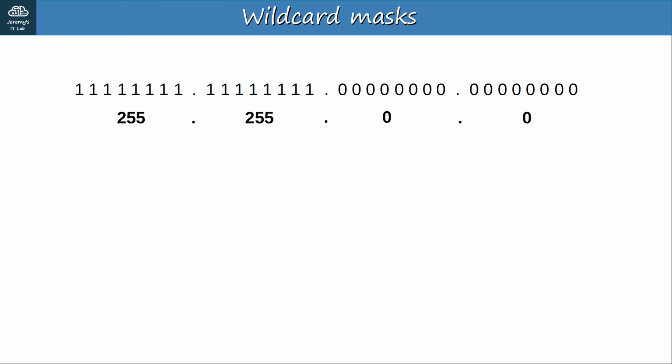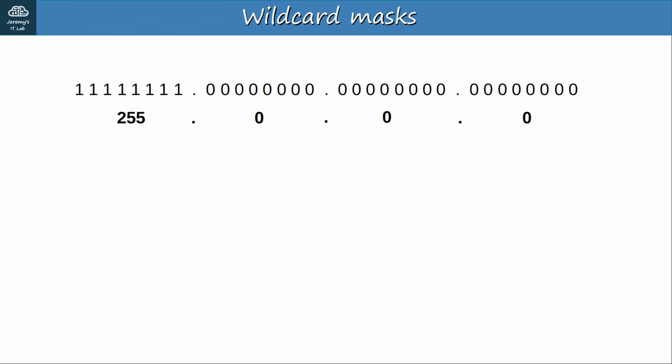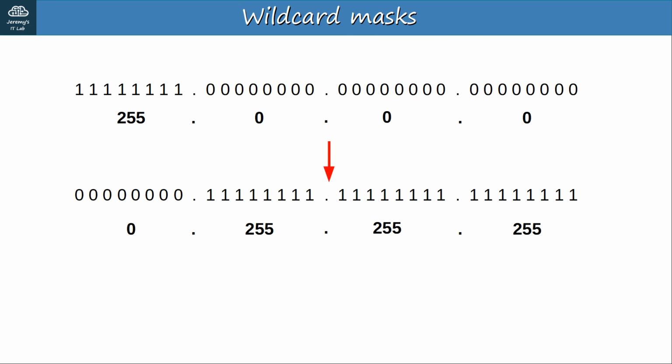Here's another example. 255.255.0.0 becomes 0.0.255.255. This is the wildcard mask equivalent of /16. And here's another. 255.0.0.0 becomes 0.255.255.255. This is the wildcard mask equivalent of /8. Okay, so those are easy.